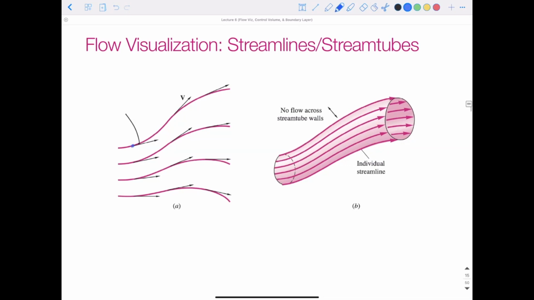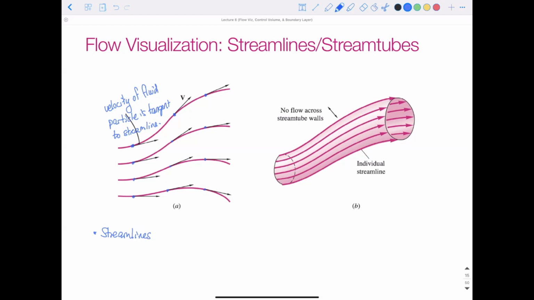We could draw a particle here, here, here, and so on. Imagine at the head of each of those arrows is our fluid particle, and the velocity of that fluid particle is tangent to the streamline at any point along that streamline.